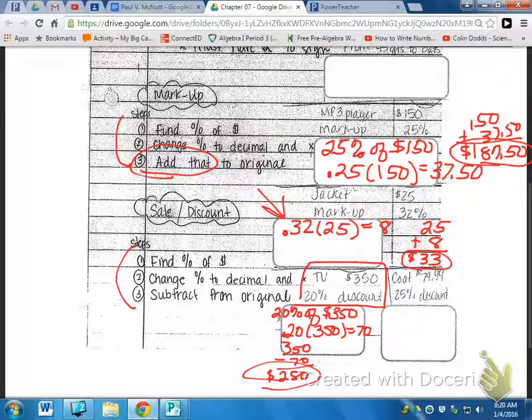All right, last one. A coat is $79.99, and it's a 25% discount. Anybody want to try this one? Dakota? Change 25% to the decimal. Okay, which would be 0.25. And multiply by $79.99. So let me try that.